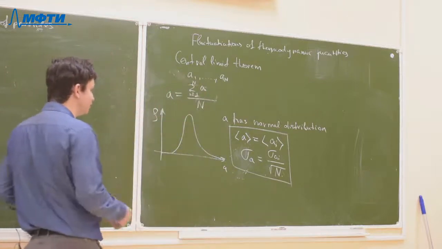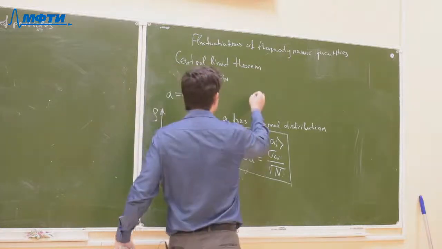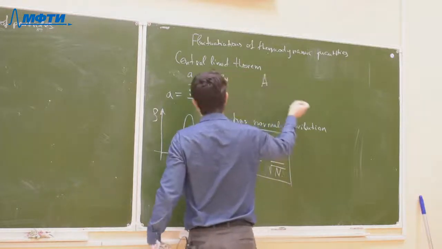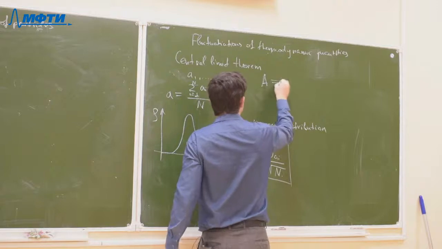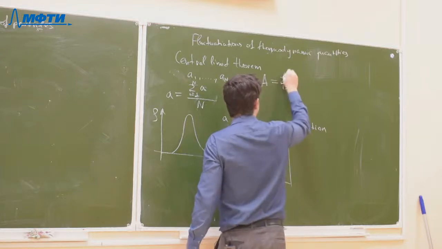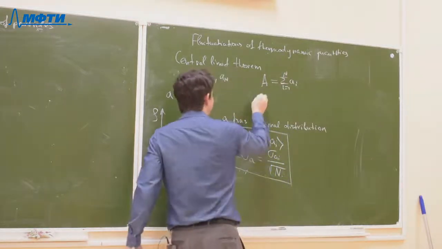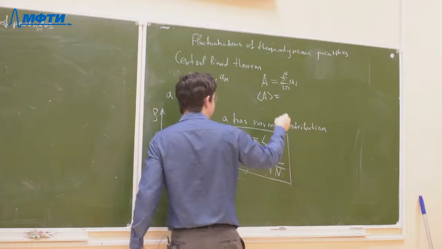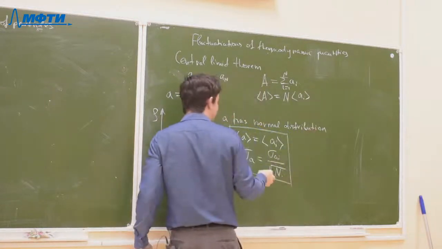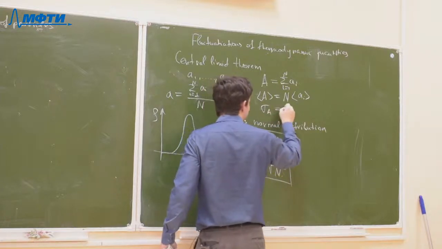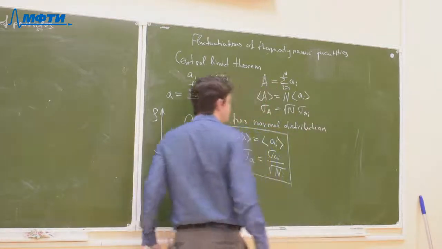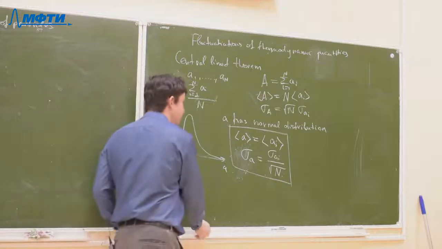If we consider a quantity which is not an average, but a sum of these n quantities, as happens for energy and entropy and other additive quantities in thermodynamics, so let's say capital A is equal to the sum of all of these numbers, then the average of capital A is calculated by multiplying n by the average of any of these numbers, and the standard deviation is the square root of n multiplied by the standard deviation of a single one of these numbers.